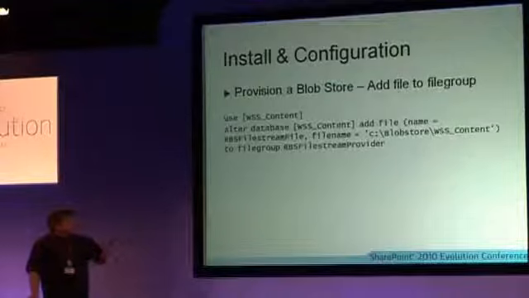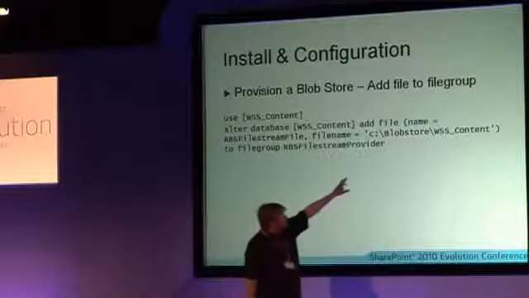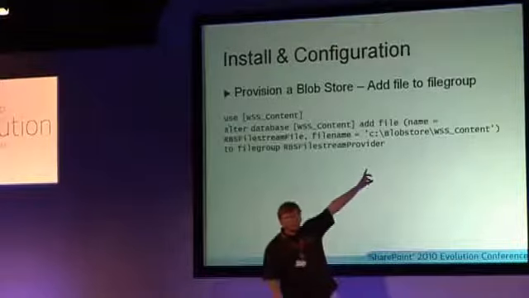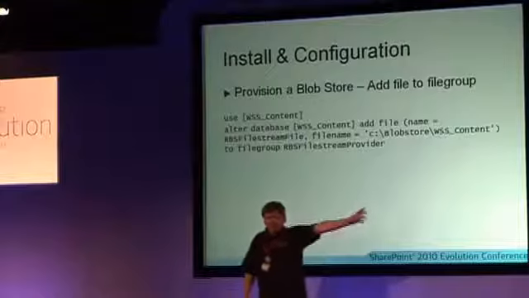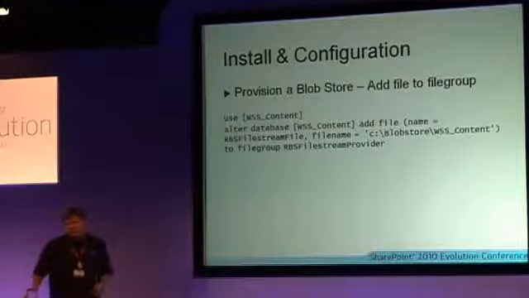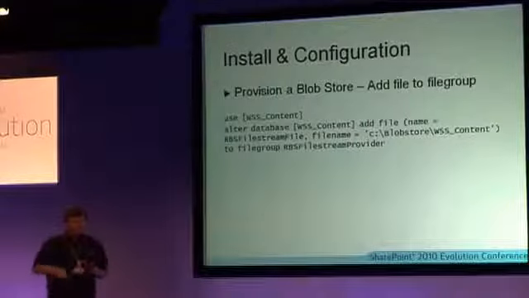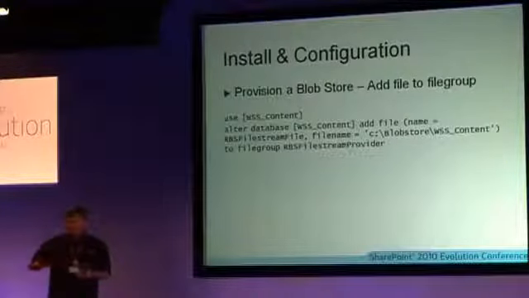And then we add the file. So the file, in this particular instance, we're referring to a location, BLOBstore WSS content. BLOBstore can exist at this point. WSS content mustn't exist. If that already exists, you'll have problems. You'll throw an error. But effectively, it's just a hookup. It's saying, turn it on, add me a new file group that's going to be connected to this BLOBstore, and then tell me where the BLOBstore is. That's kind of the story here.